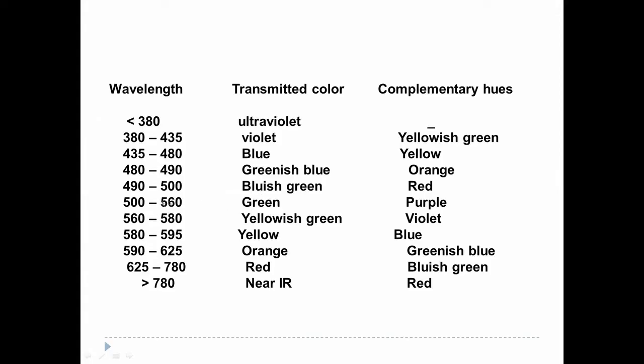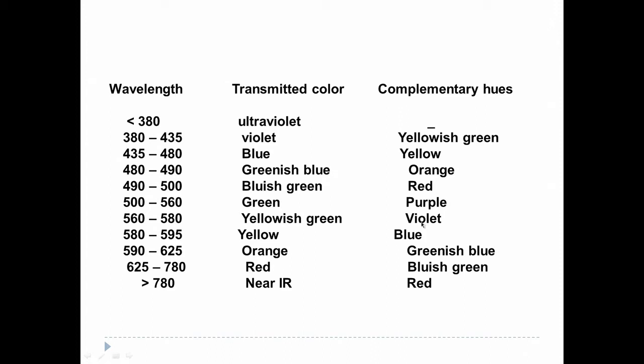Similarly, if we go down, 490 to 500 will transmit bluish green, but it will look dark red to you. And in the 500 to 560 nanometer range, it will transmit green and it will show you purple color, and 560 to 580 yellowish green, and it will look violet to you.